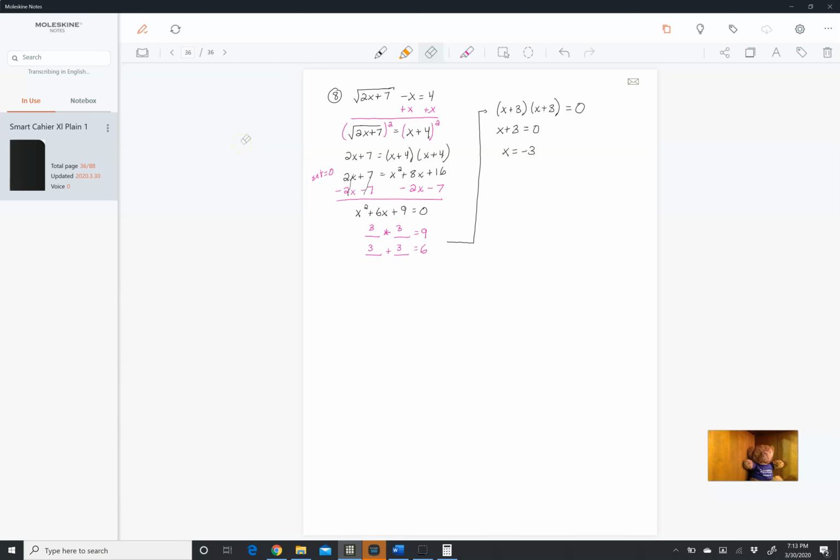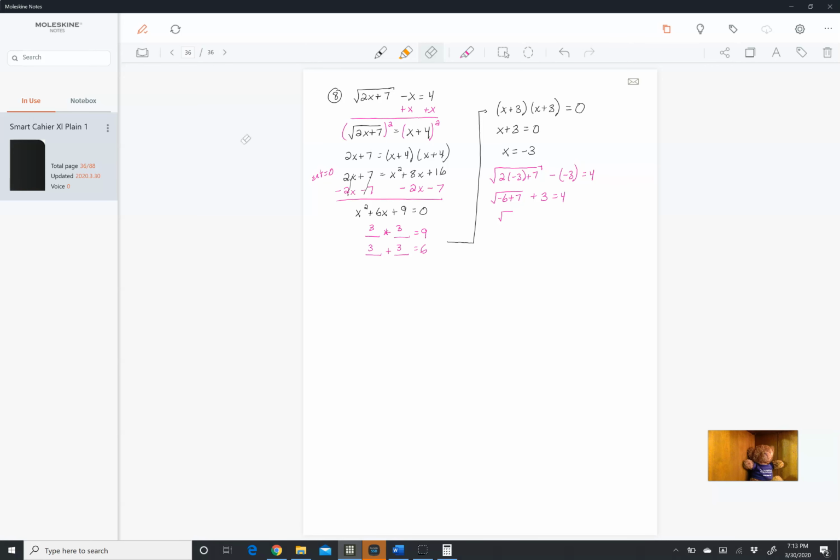So we have square root of 2 times -3 plus 7. Be careful in this next step. It's minus -3 is equal to 4. So we have -6 plus 7 plus 3.